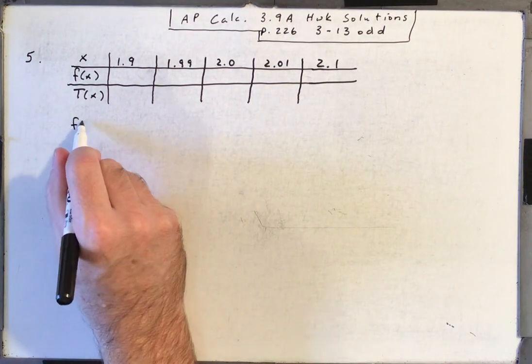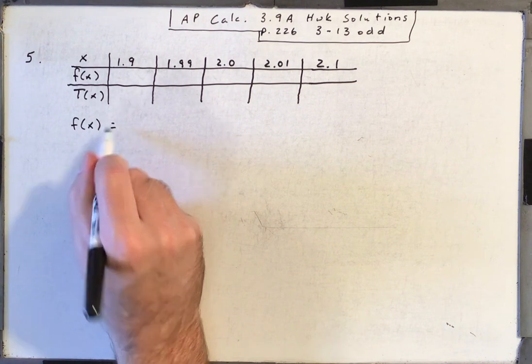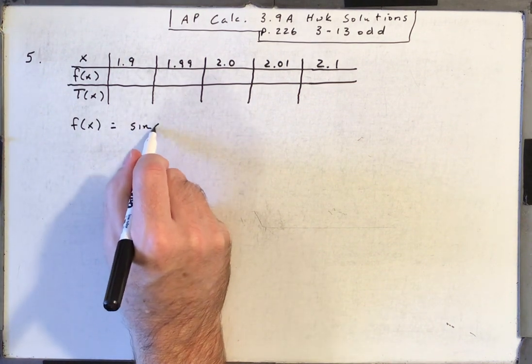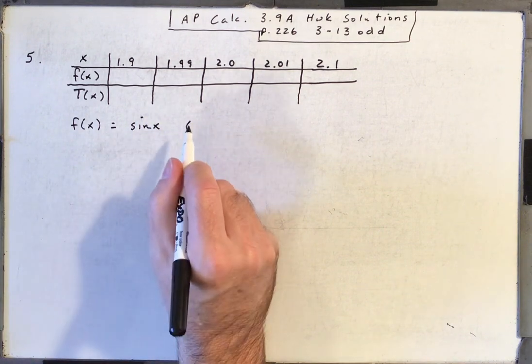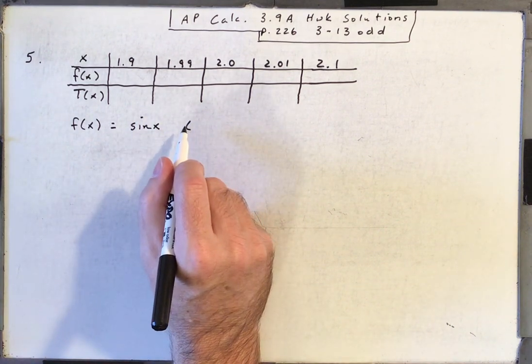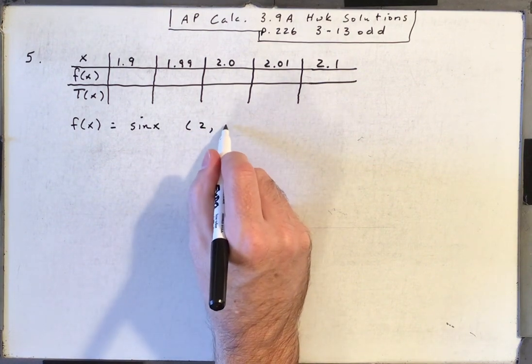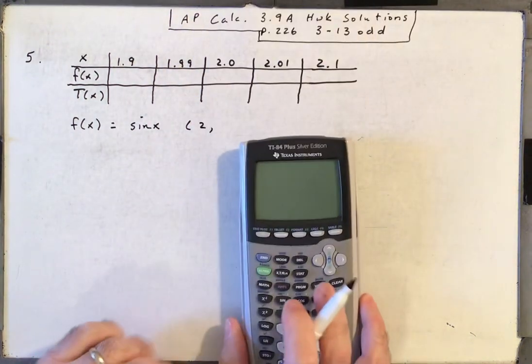Our f of x is sine x, and we are at the point 2, sine 2.